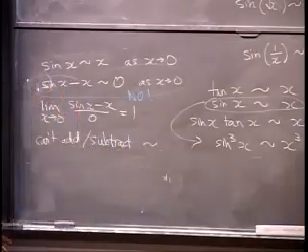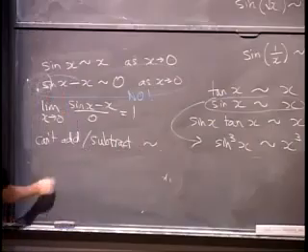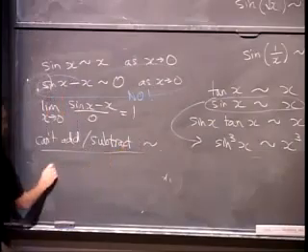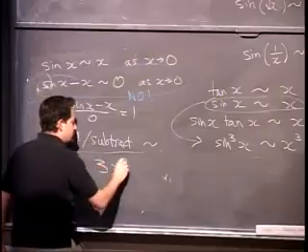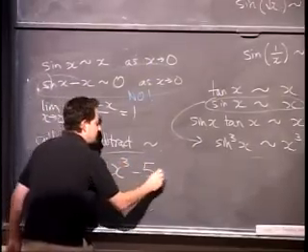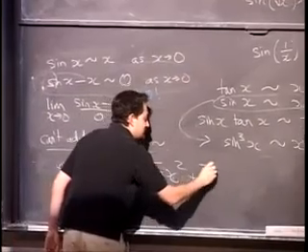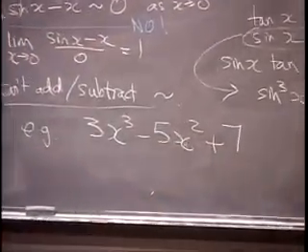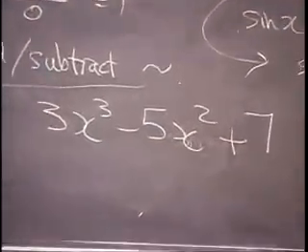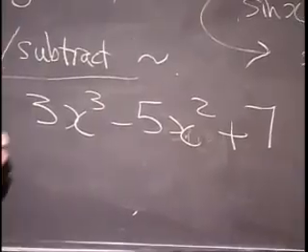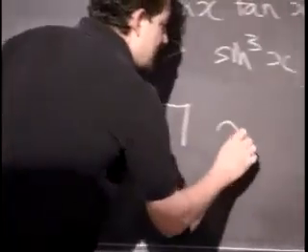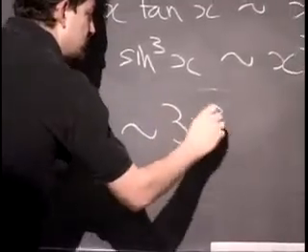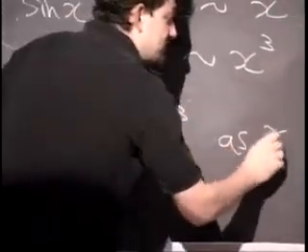I haven't said what they're useful for yet, and I'm getting there. I just need to show you one more example. Here's another example of where this comes in useful. Suppose you take 3x cubed minus 5x squared plus 7. What happens when x becomes very large? The highest term dominates. This is asymptotic to 3x cubed as x goes to infinity.